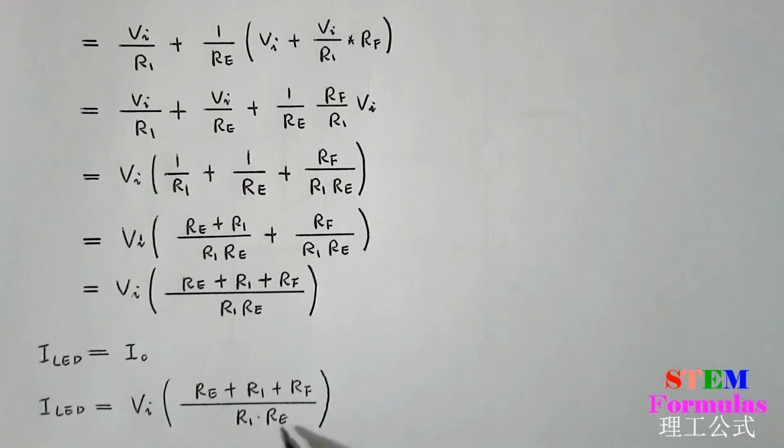From this equation, we can see that the current through the LED is proportional to the input voltage. If we increase the voltage VI, then the current through the LED also increases.